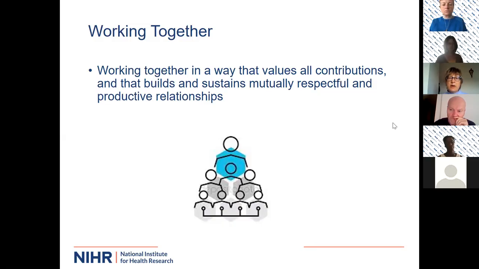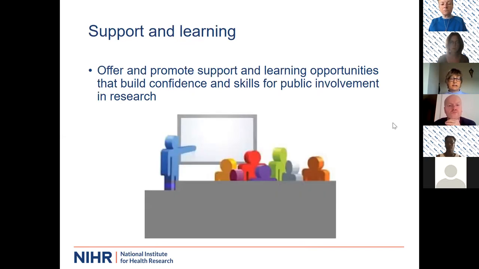But when you're thinking about all this, please do try and involve the public in these involvement plans to check that your thoughts about roles and expectations are actually on target. And ensure that public contributors can give feedback and comments throughout the process. Next slide, Gary. So the next standard is around support and learning.